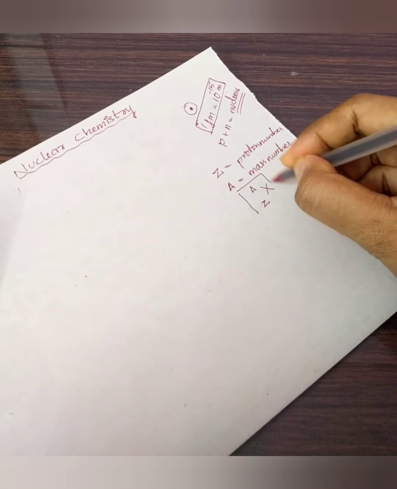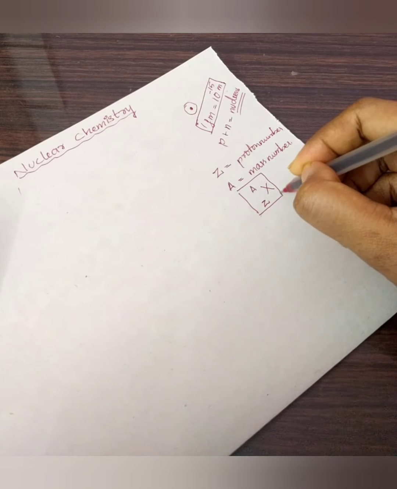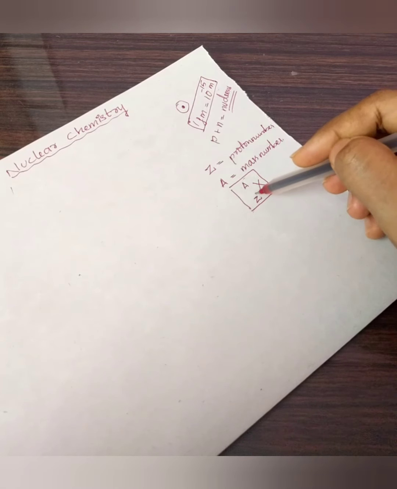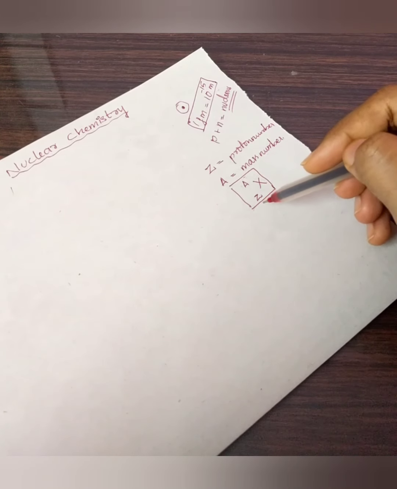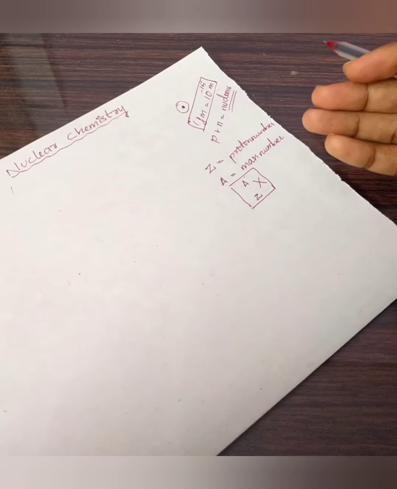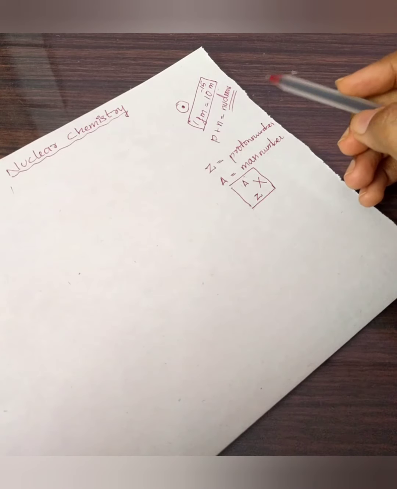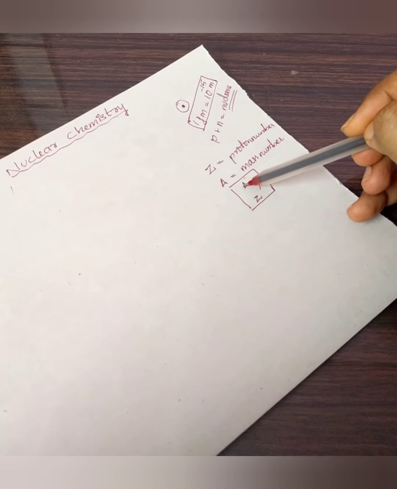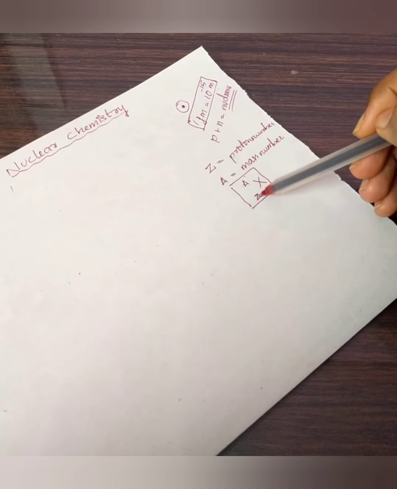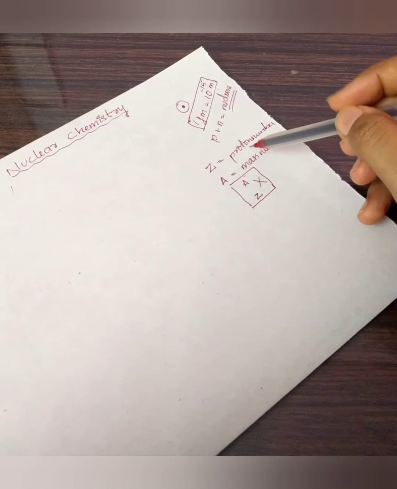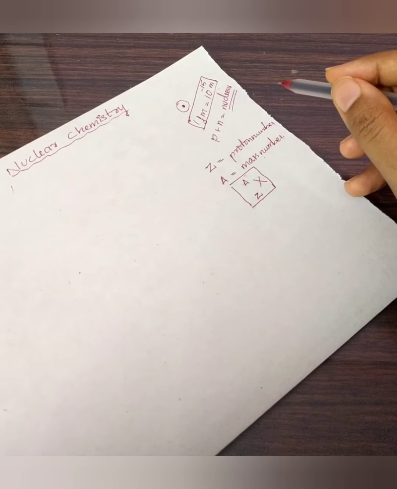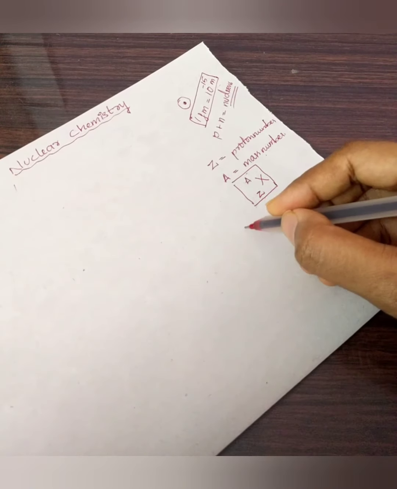So this is the general representation of a nuclide, where X is the chemical symbol of the element. A, which we write as a superscript on the same side as Z, represents the mass number. So mass number means what? Mass number means number of protons plus number of neutrons.